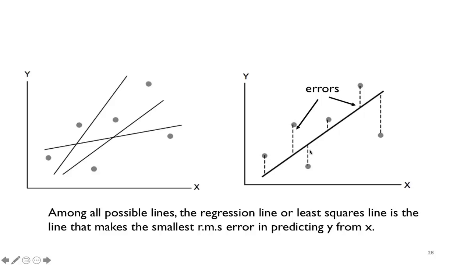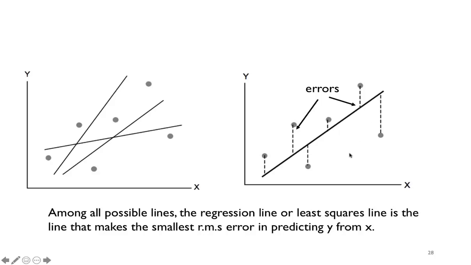If I were to use the line as a prediction, this vertical distance would be the error between my prediction and the actual value of the point.